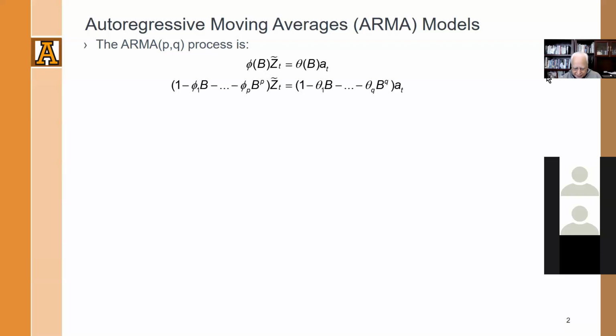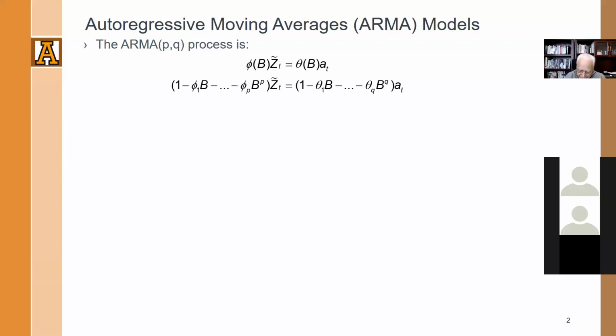So essentially, we're saying that the AR(p) polynomial is a backshift polynomial of order p. So we have 1 minus phi_1 B minus phi_2 B squared up to minus phi_p B to the p. And that applied to Z_t is equal to 1 minus theta_1 B minus theta_2 B squared up to minus theta_q B to the q.